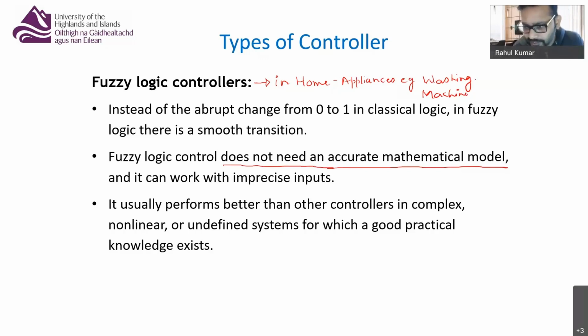As we have studied in the previous classes, before implementing a controller, we have to design a mathematical model, test it. Once we are satisfied with that model, only then we implement it physically, right? But in the case of fuzzy logic controller, we do not need an accurate mathematical model.